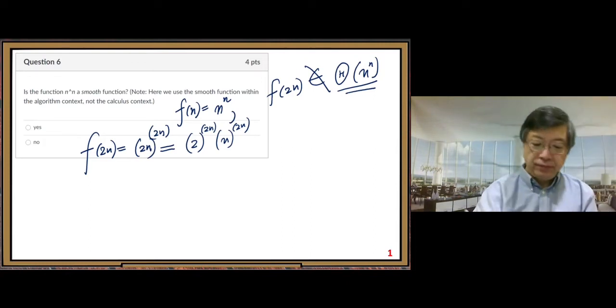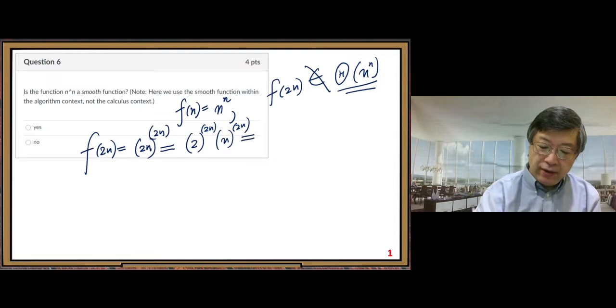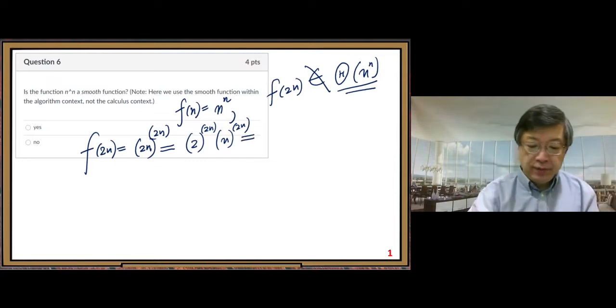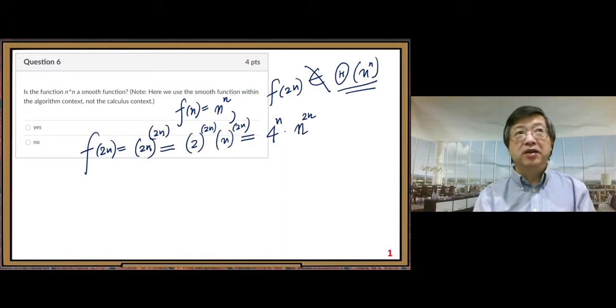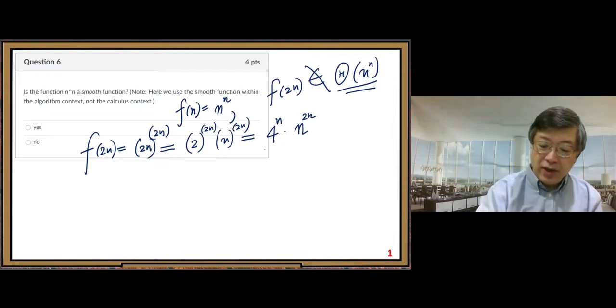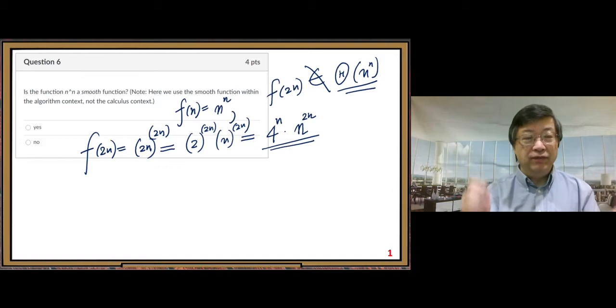Then, the first part, 4 to the n, second part, n to the still 2n, because we cannot make it simpler than that. All right, so that is the current form.